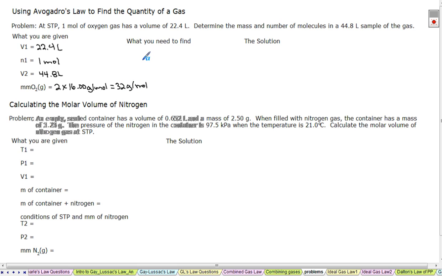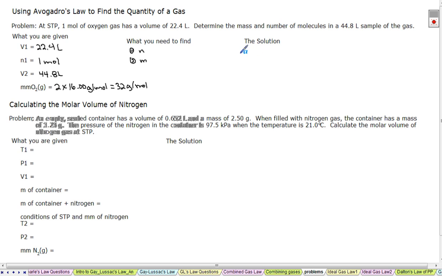What we need to find here is the mass and number of molecules of the oxygen gas. So we need to find N first, and then once we find N, our second thing to do is to find mass.